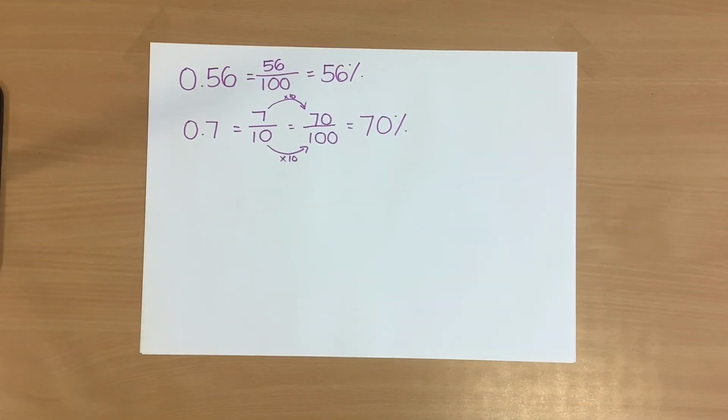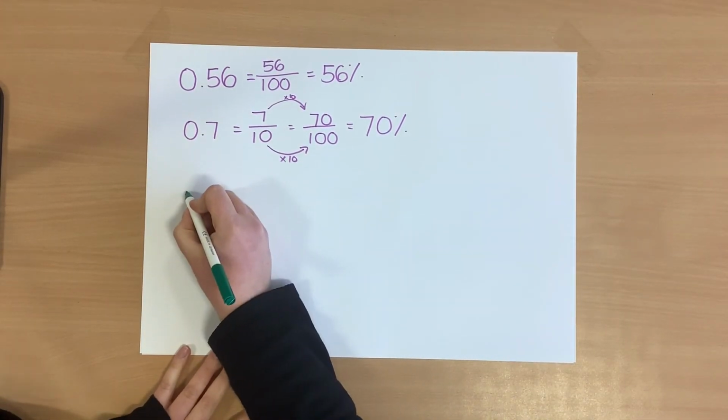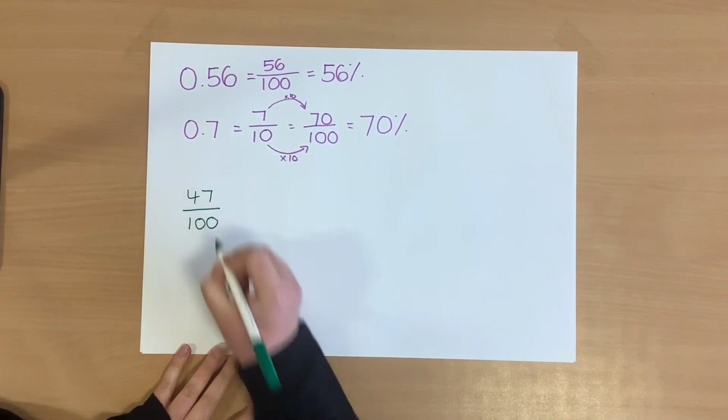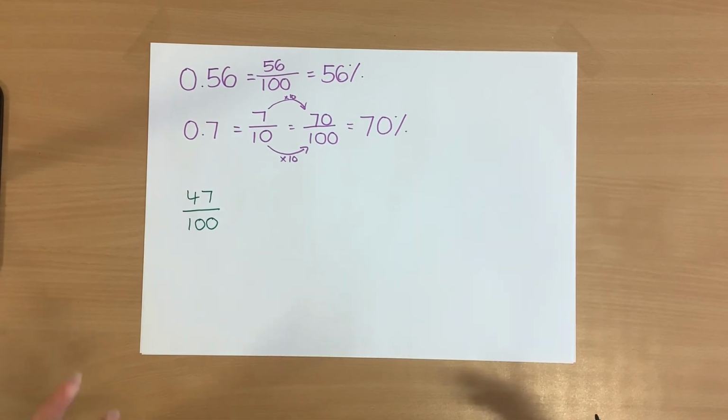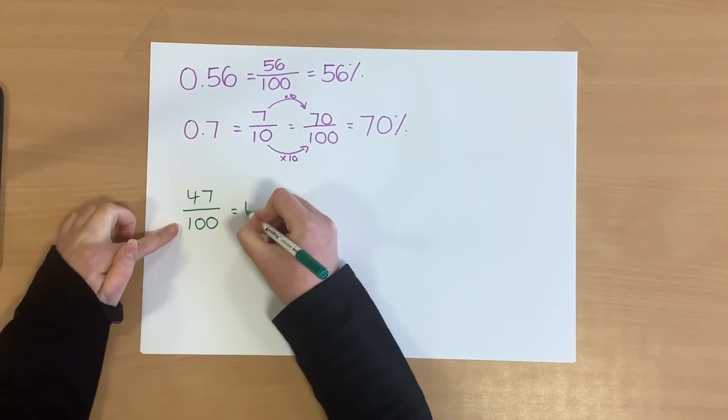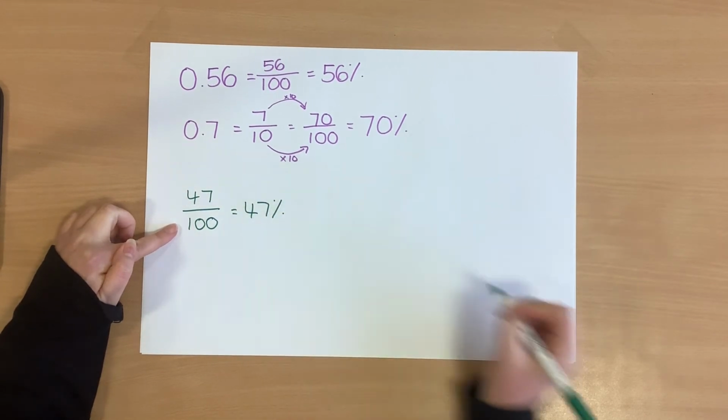And then the second thing that you looked at was converting simple fractions to percentages. So if I had the fraction 47 over 100, I had to think, well, what is that as a percentage? It's already out of 100, so it's 47%.